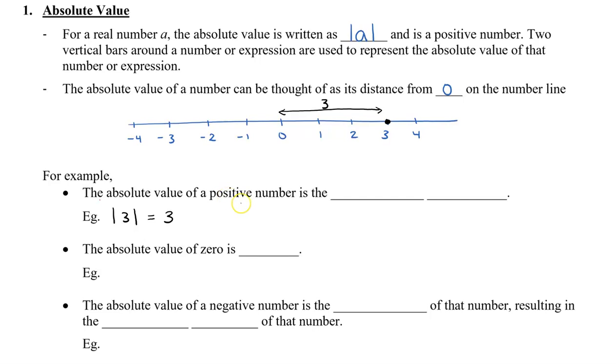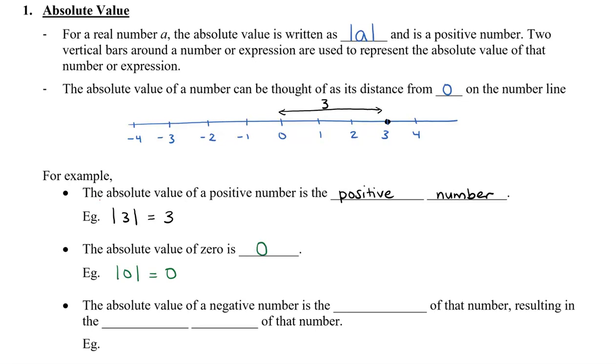So the absolute value of a positive number is that positive number. All right, next, let's take the absolute value of 0. Since 0 is already 0 distance from 0, we say that the absolute value of 0 is 0.